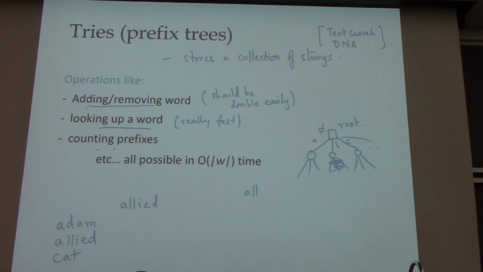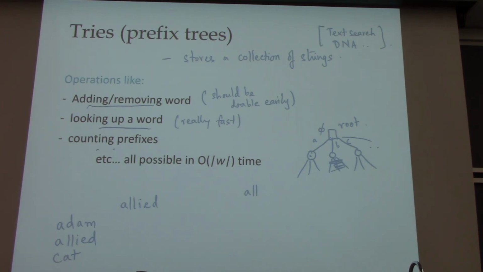Okay, so at every vertex, I also maintain a boolean, which is supposed to denote if the string until that point is a word or not. Okay, so I'll get to that in a bit, but just notice now that since there's no word starting with a B, I just have an empty dangling point. And I have words starting with an A, so I have here, and here I have these things.